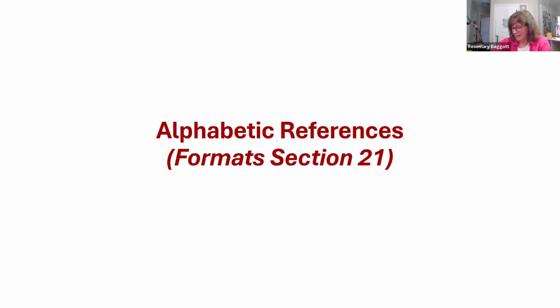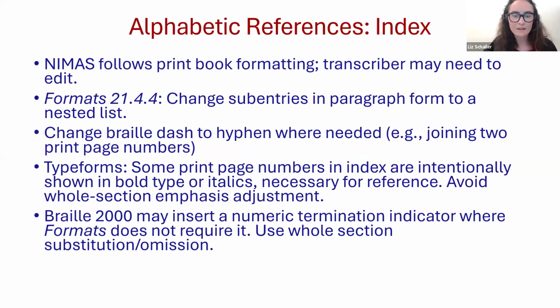Okay. Thank you, Liz. Yeah. So just a few notes pulled from formats and things that refer to what we're going to cover today. For alphabetic references, this applies to index and so on. NIMAS pretty much follows the print book formatting, and the transcriber may need to edit based on what's required for Braille.